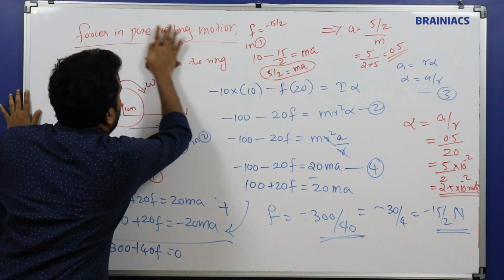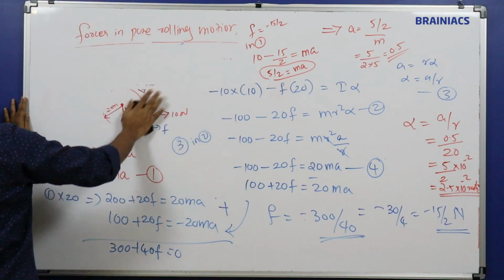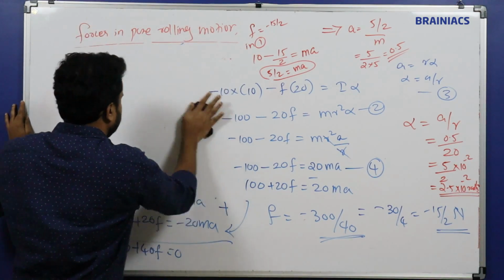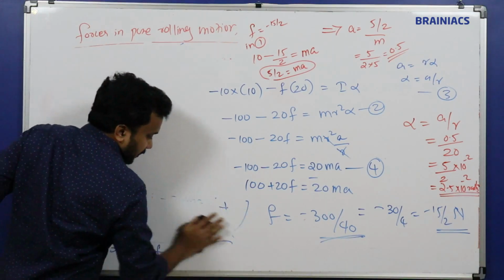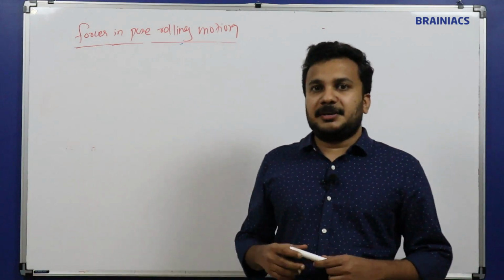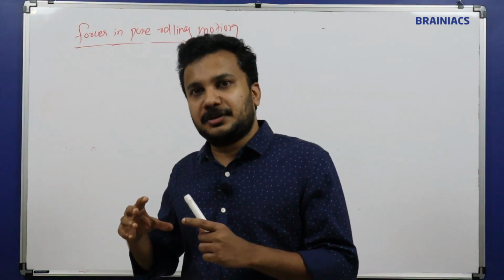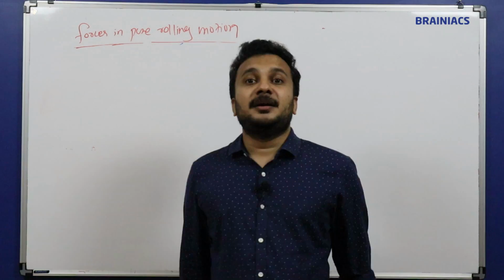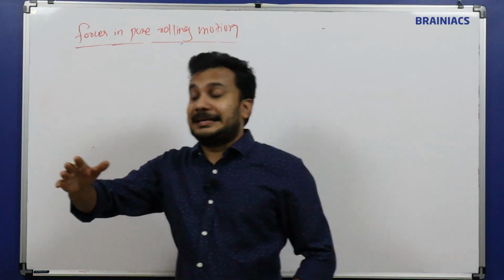We'll move to the last subtopic under rolling motion. Okay. Let's go ahead. Next topic, as I mentioned, is rolling motion not in a horizontal plane but rolling motion in an inclined plane.